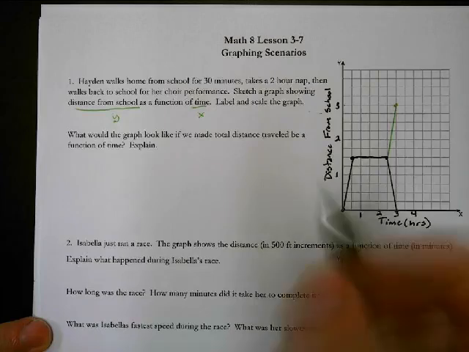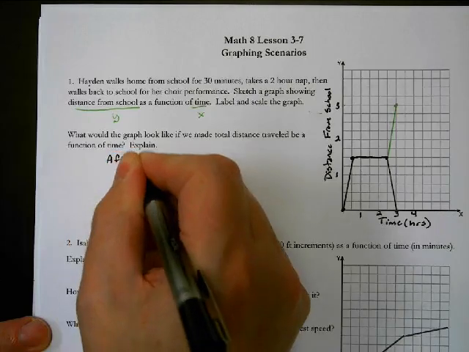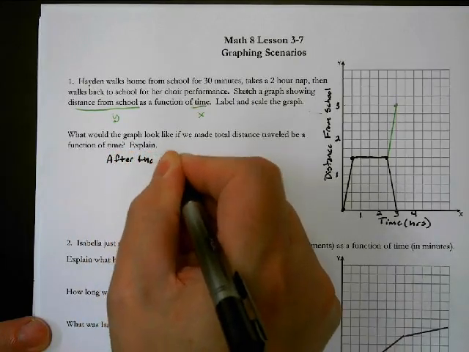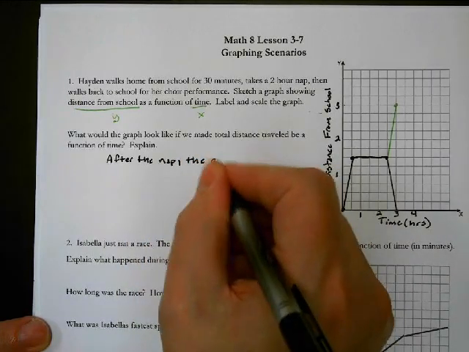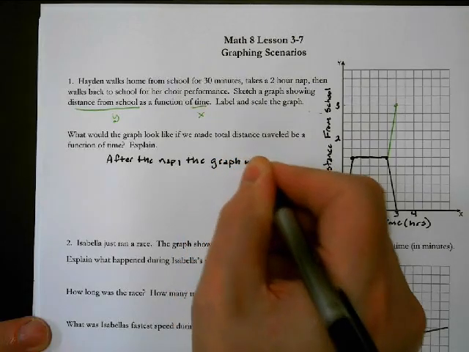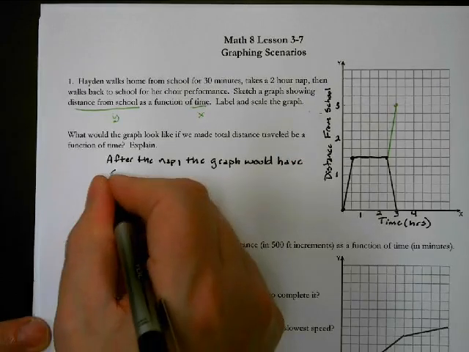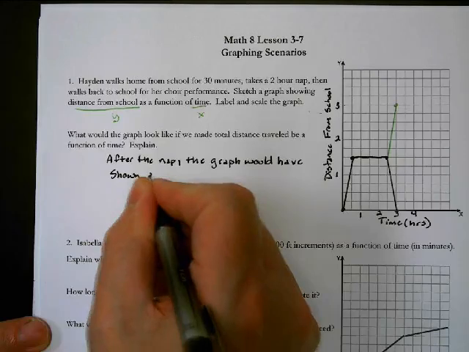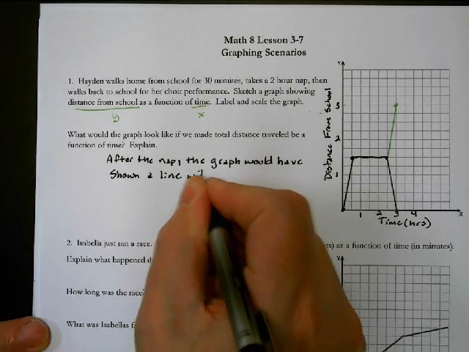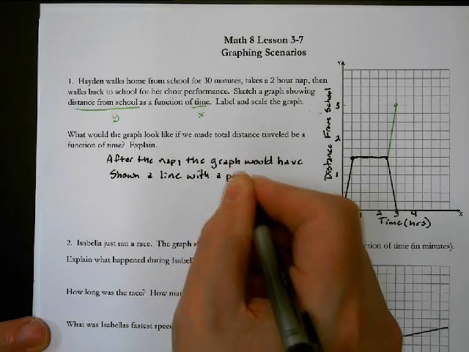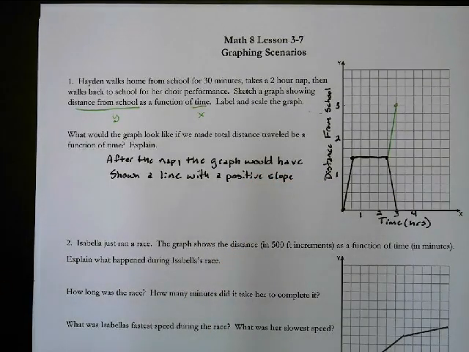So the difference would have been after the nap, the graph would have shown a line with a positive slope. So that would have been the difference there.